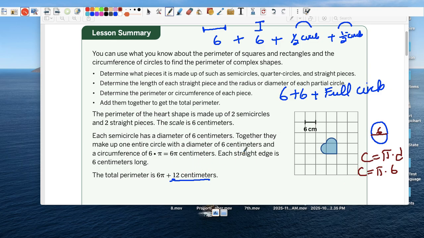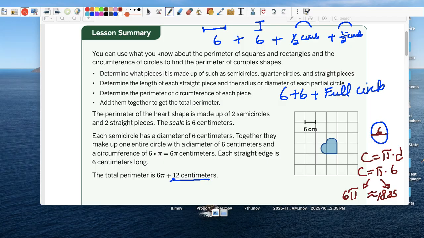And that's it. In class I say, give me the two answers. One answer is going to be 6 pi. And the other answer is, what if I actually multiply 6 times pi? 6 times pi is 18.85 rounded.